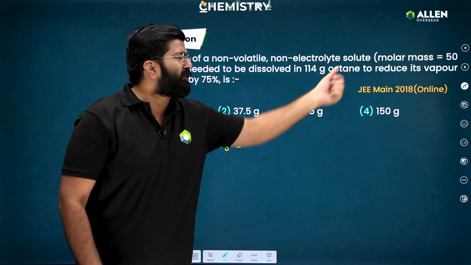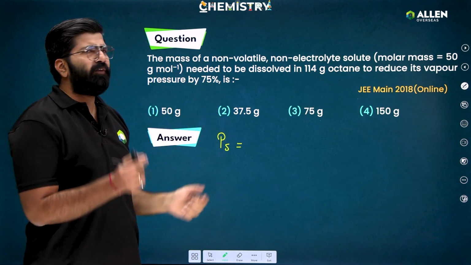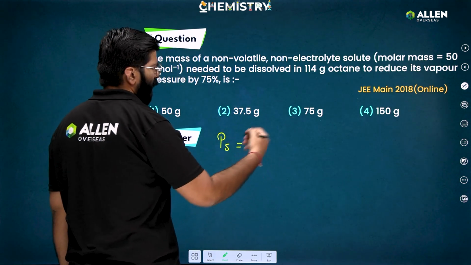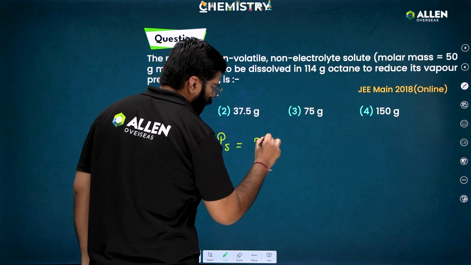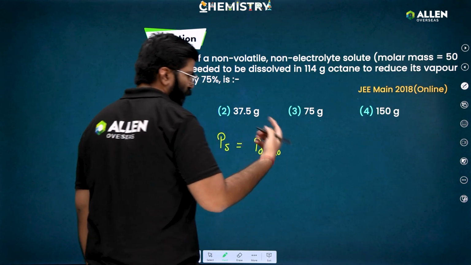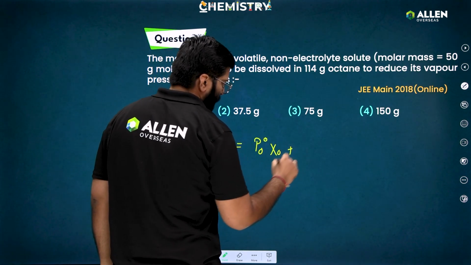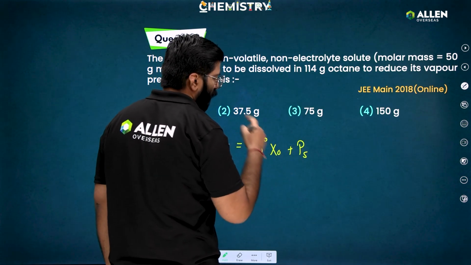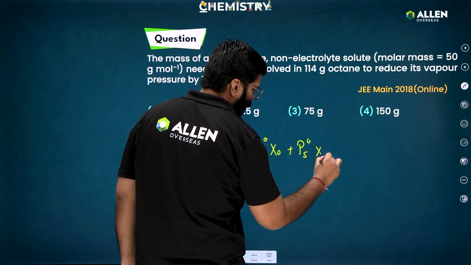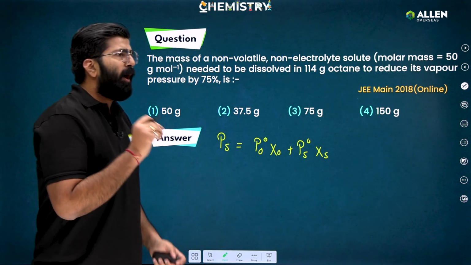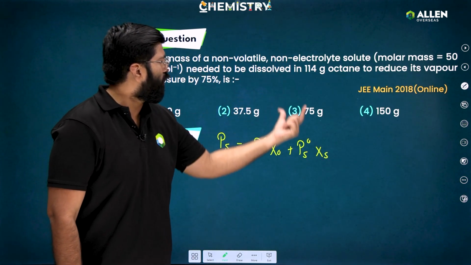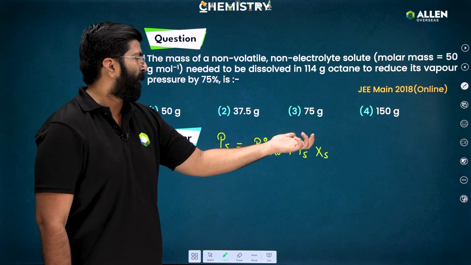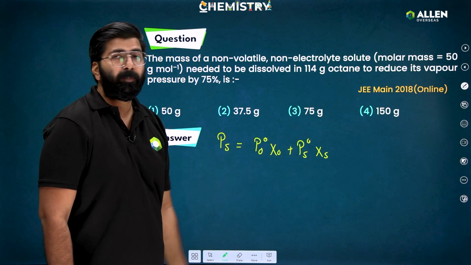I'm directly going to write my solute as S, and for octane I will write it as O. So for octane I can write the partial vapor pressure P naught O multiplied by XO, the mole fraction of octane, plus the partial vapor pressure of the solute P naught S and the mole fraction of the solute. But because this is non-volatile, there won't be any vapor pressure for this.